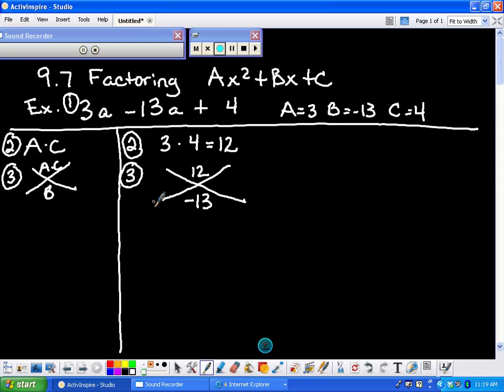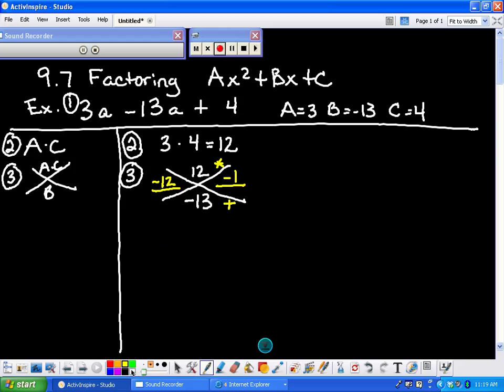Now I ask myself, what two factors multiply together to give me 12, but add up to give me negative 13? I'm going to guess it's negative 12 and negative 1.